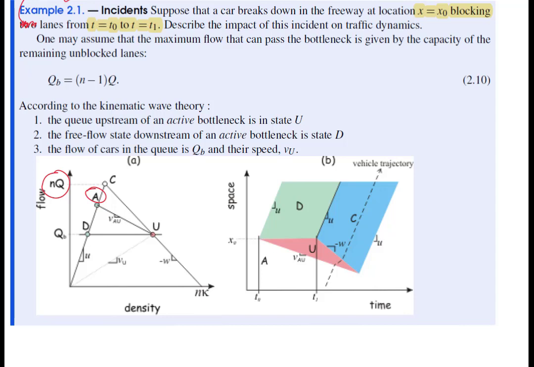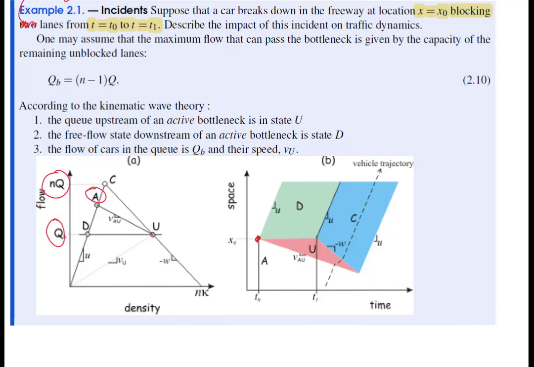So A is everywhere. In part B here, where you see white, it's all traffic state A. Now we start with the first point right here, when the incident begins. At that time one lane drops, and therefore the capacity drops to QB.